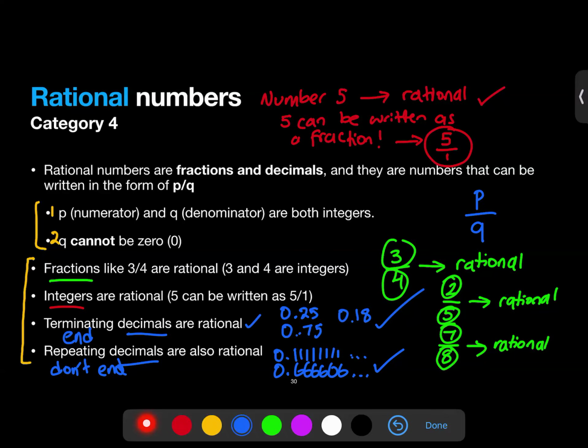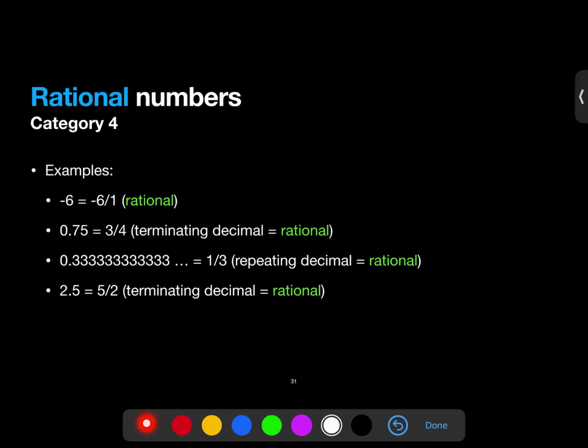So is everyone understanding now how we can define rational numbers? Good. So here's just some examples. So -6 is an integer, so it is rational. 0.7975 is, remember, a terminating decimal, so it is rational. 0.33333 repeating is also rational.